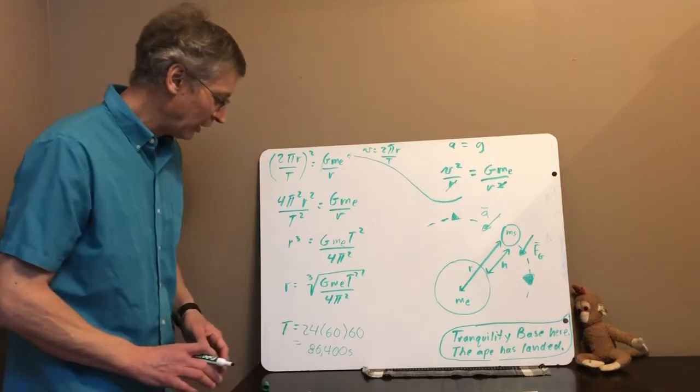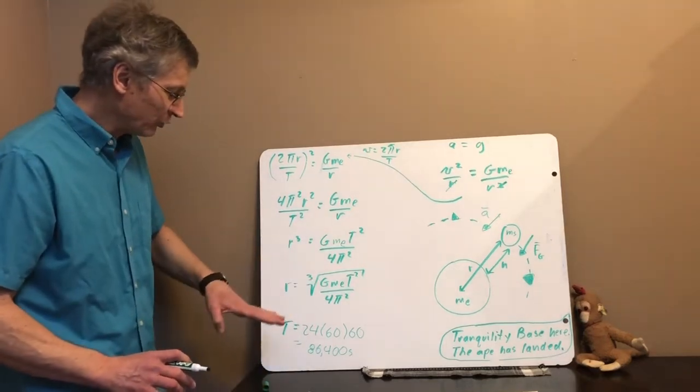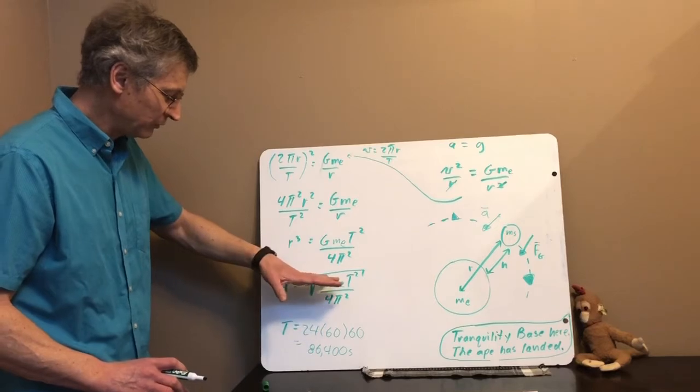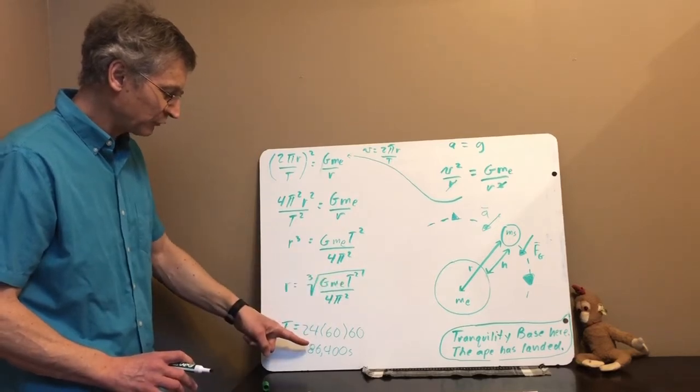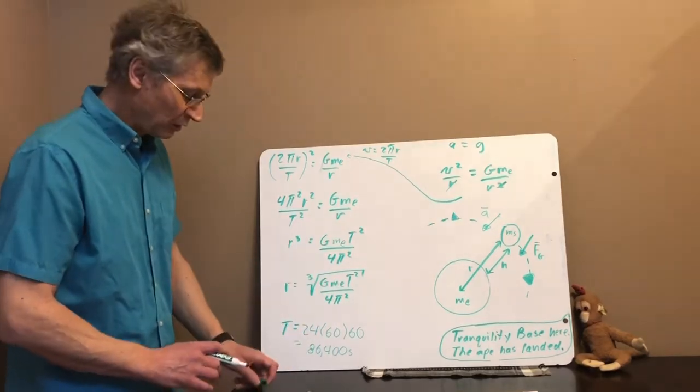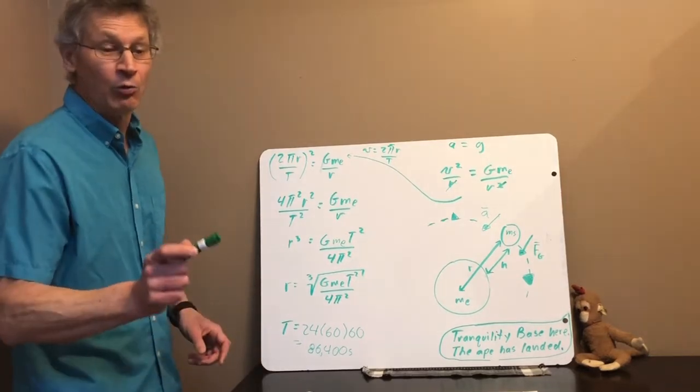So all we have to do now is plug all the right numbers into this equation, including T, 86,400 seconds, and there's going to be our answer. We'll be right back with that.